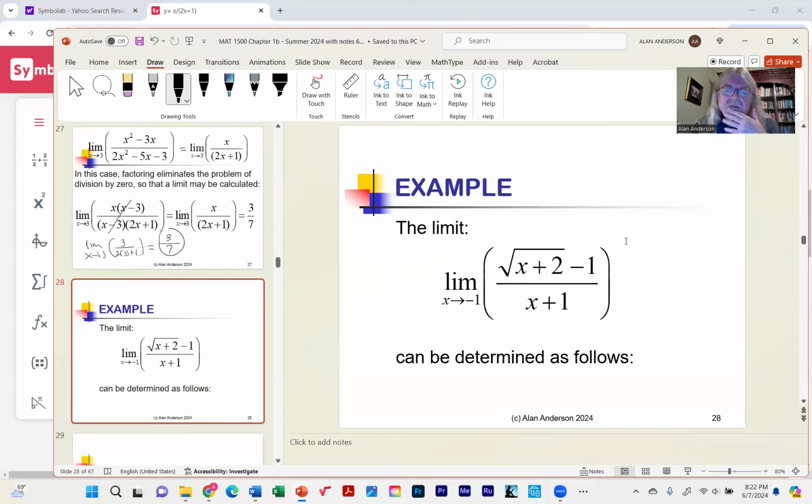Oh my God, what about this one? Now you can see what the problem is. As x approaches -1, we're going to have division by 0 here. Guess what? We'll have the same problem in the numerator.